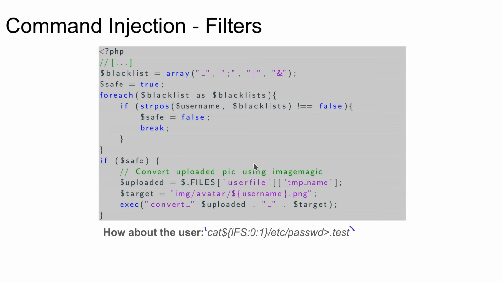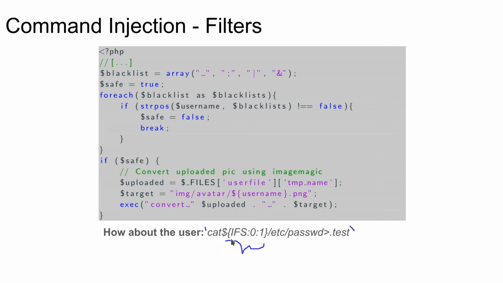And in order to avoid a space, we can use the magic variable IFS, which is the internal field separator. That's the variable that tells the shell what kind of characters separate the different fields.